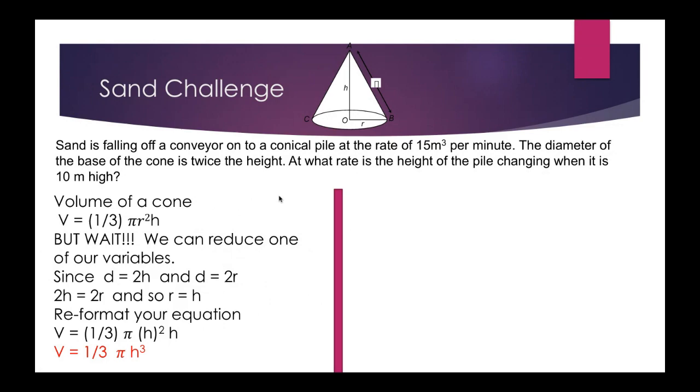So I'm going to differentiate both sides with respect to t. There's my dV/dt, fantastic. And notice the 3 that's with the h, when it comes down to the front, it wipes out that 1/3. So now we just have pi h squared, because we took the derivative, and we have our dh/dt.